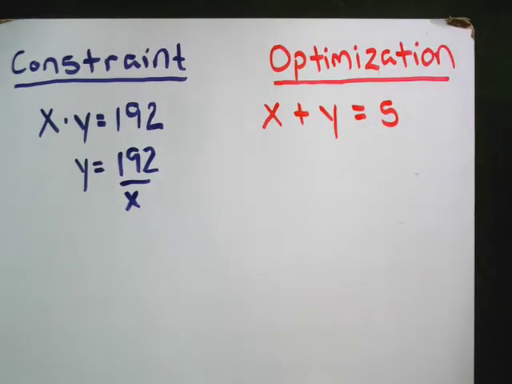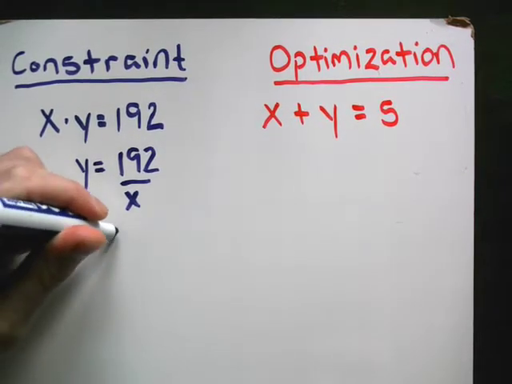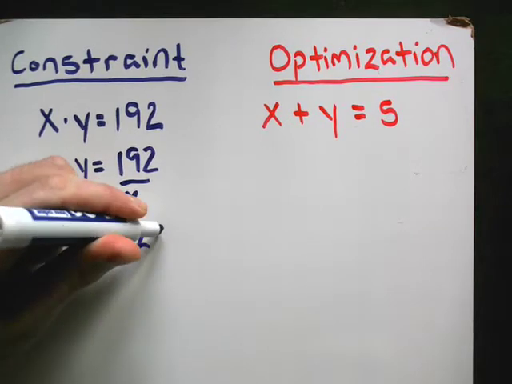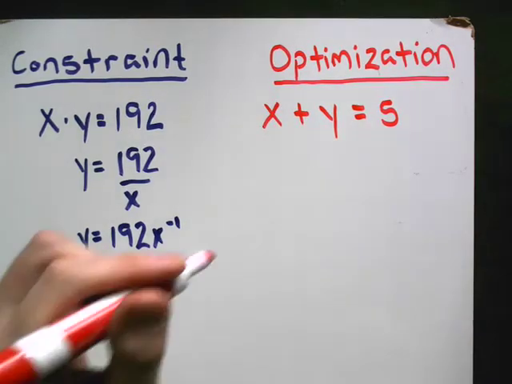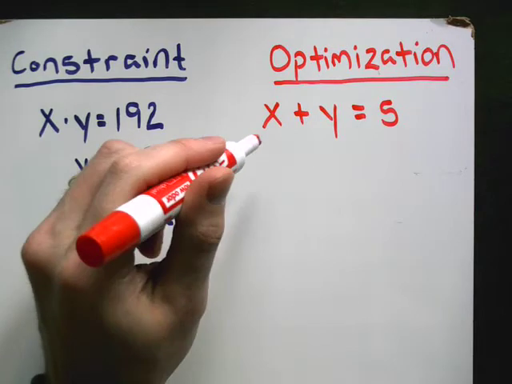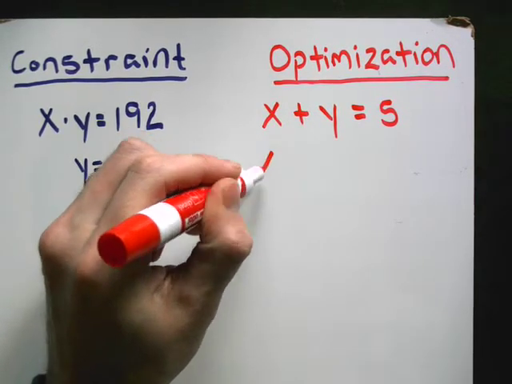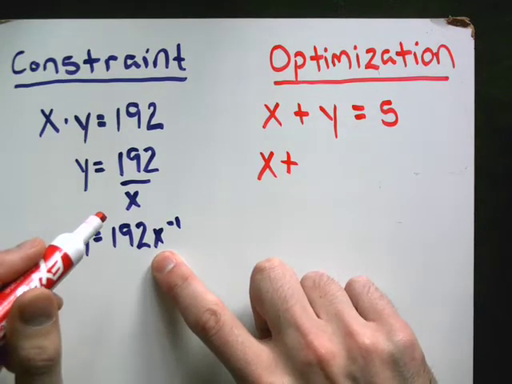Okay, so that's going to help me rewrite my optimization equation. And actually, let's do this. Just so we know that this is the same thing. 192 over x is the same thing as 192 x to the negative first. Right? Those two mean the same thing. Okay, so if I take this back into my optimization equation, which is step 2 on your steps, we have x plus, and instead of writing y, I'm going to write what y is.